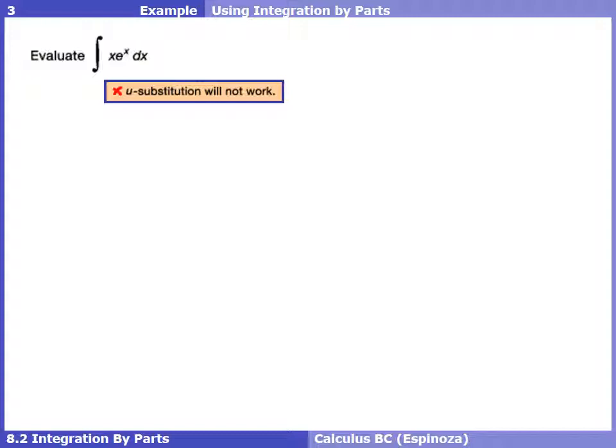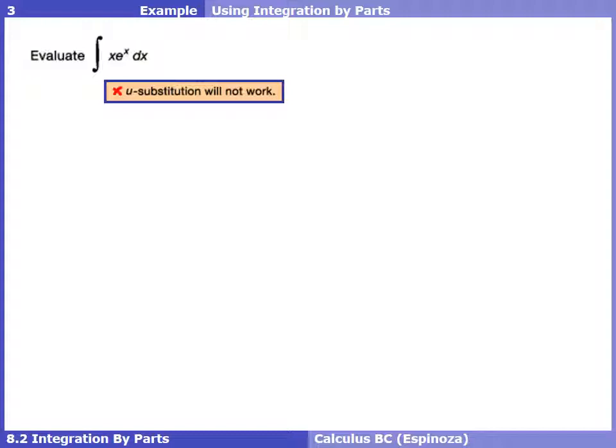Well, if you think about the possibilities, realistically the only thing we could call u is either the x, which wouldn't really work out since that would just be equal to du equals dx. And if we decided to call u e to the x, well, that's just also e to the x. And there's no other e to the x in this integral. So bottom line is a basic u substitution won't work here.